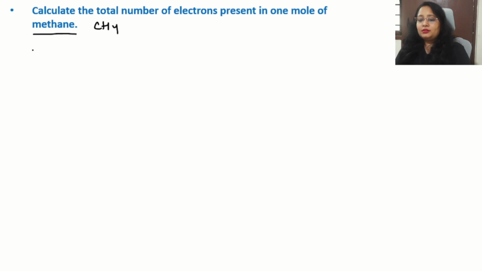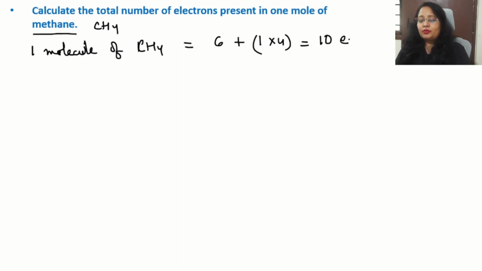Now, 1 molecule of methane is having, carbon is having 6 electrons, hydrogen is having 1 electron, but here 4 atoms of hydrogen. So we will multiply by 4 and we will get the answer 10 electrons. So in 1 molecule of methane we have 10 electrons.